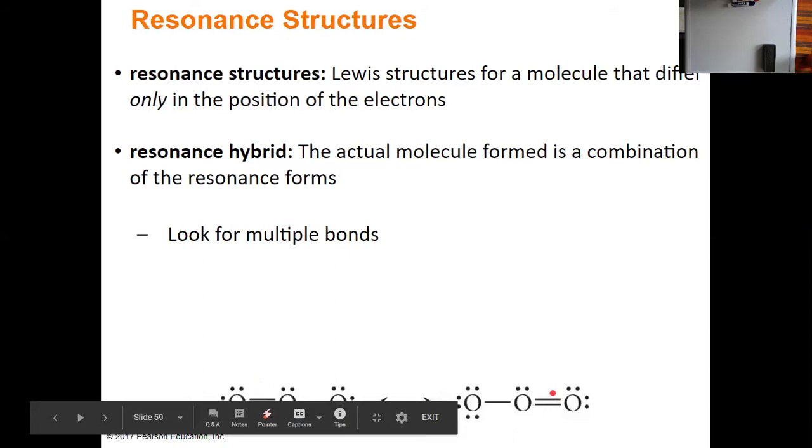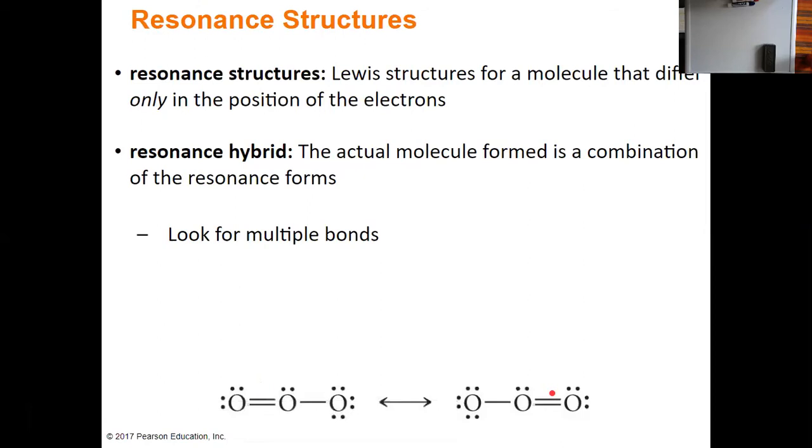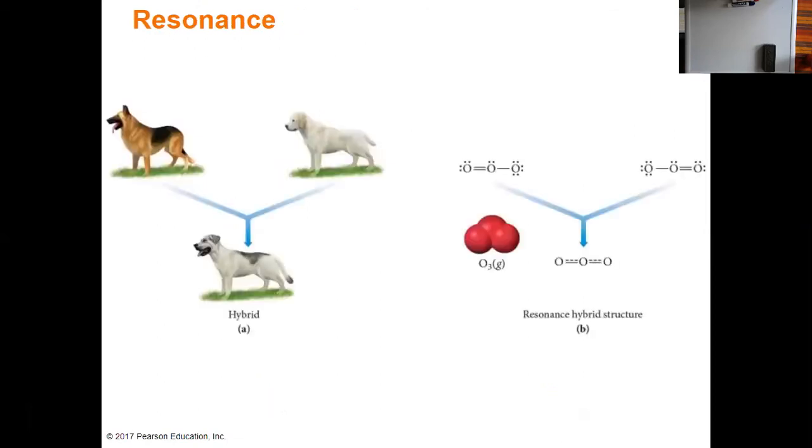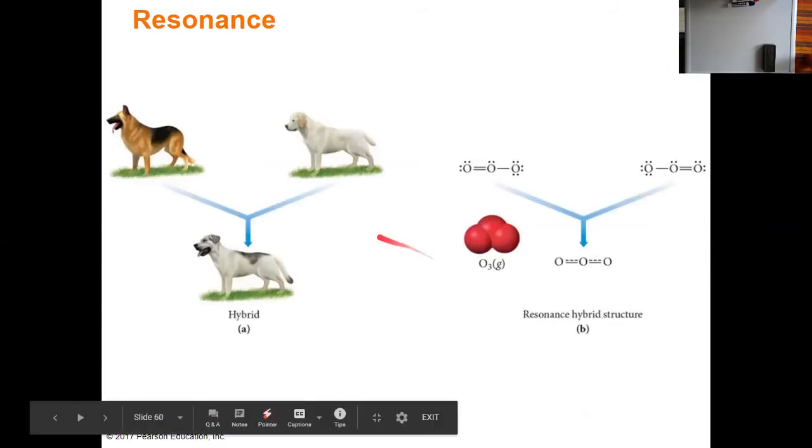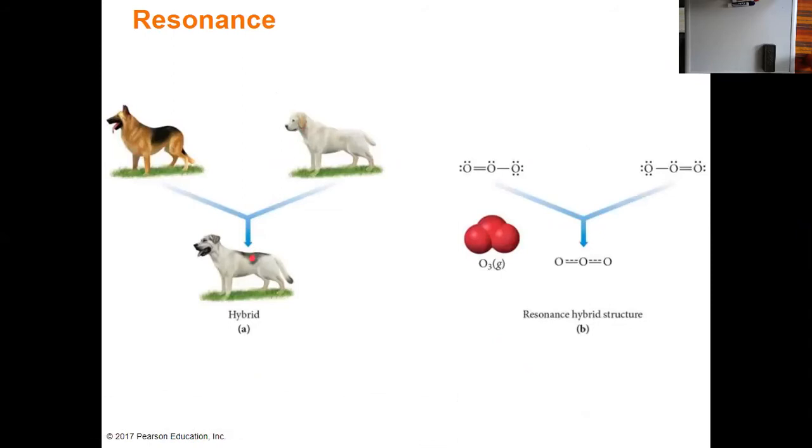Okay. And when we talk about the idea of resonance hybrids, it seems kind of ridiculous, but something like this, right? If you have two purebred dogs and they have a litter, the second generation is a hybrid of the first two. It's not like it spends half of its time looking this way and half of its time looking this way.